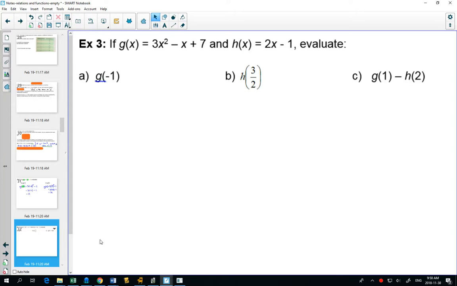And we would plug that 3 halves into h of x. And in the third one, you have g of 1 and h of 2, so you have to plug 1 into g of x, the other one into h of x, and subtract the 2 answers that you get. Okay? So I'd like you to try all 3 on your own, and then in part C, we're going to talk about how we can show our work and write our notation so that we don't make mistakes in the end.